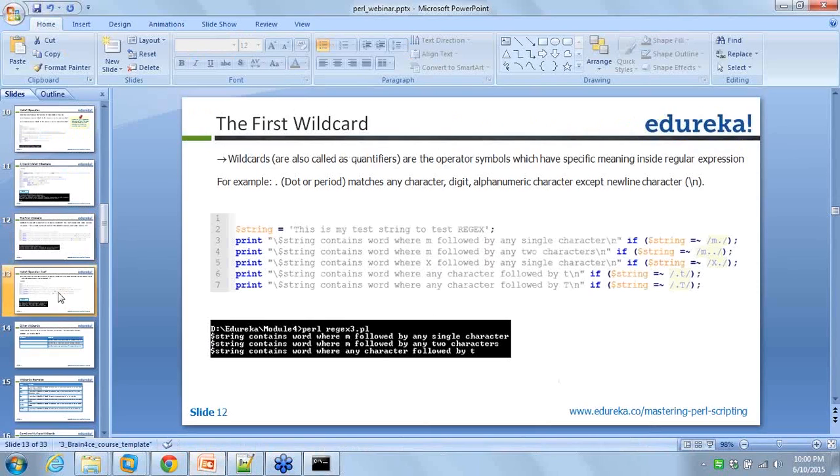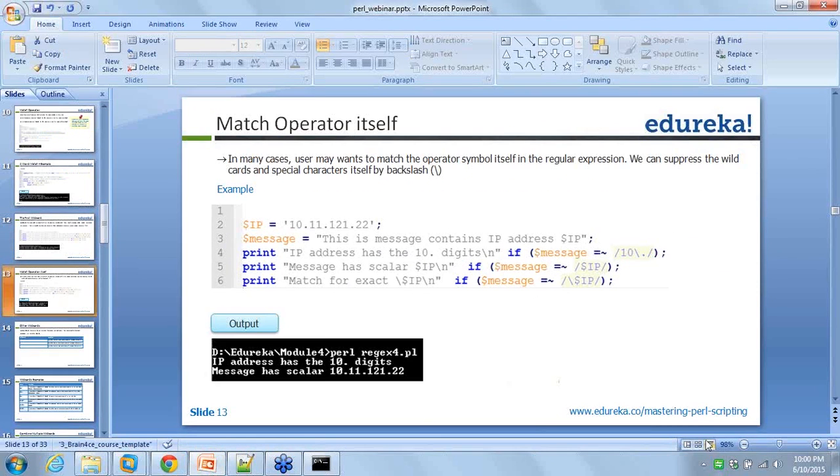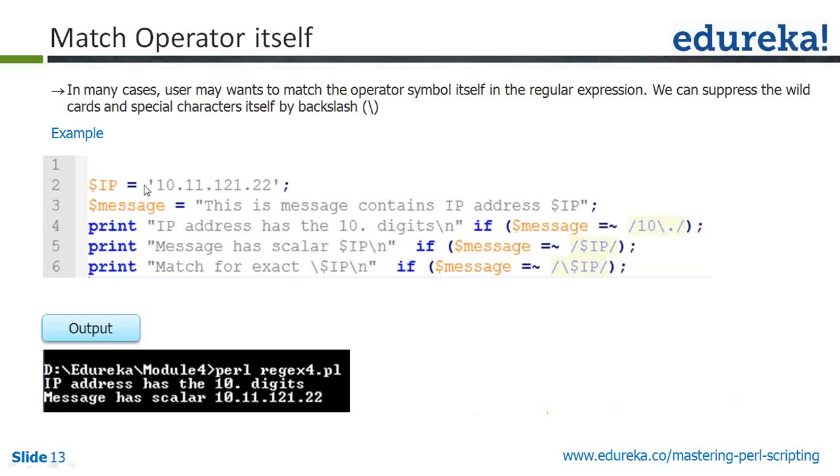Now if you see here, the next example we have is the match operator. Now I want to match 10.11.121.22. I want to look for exact IP addresses. So what I do is I escape this character with the help of a backslash. Now when I say backslash dot, it is exactly looking for the dot character. The IP address has digits separated by dots, because I have a message here which contains the IP addresses.